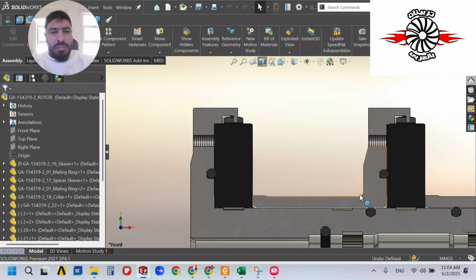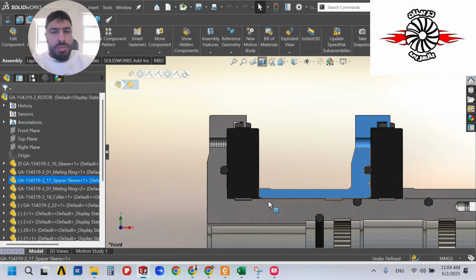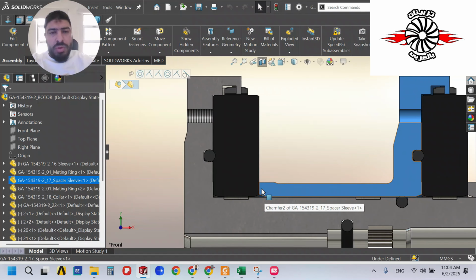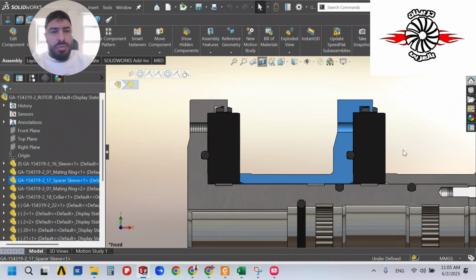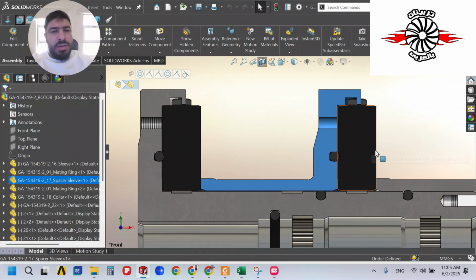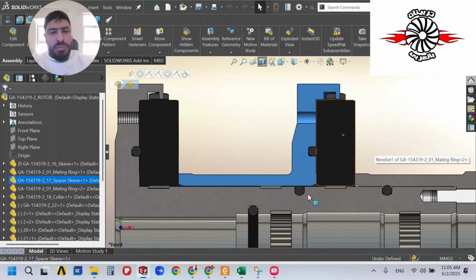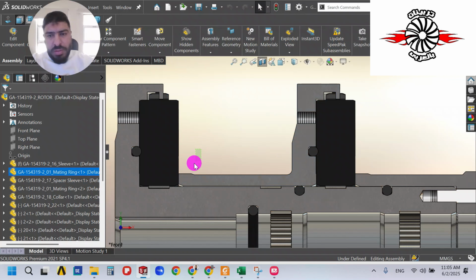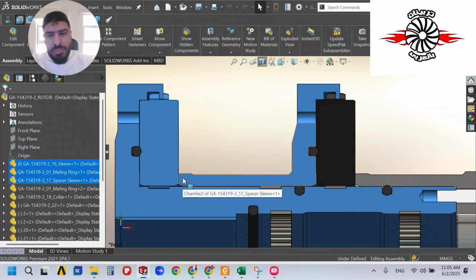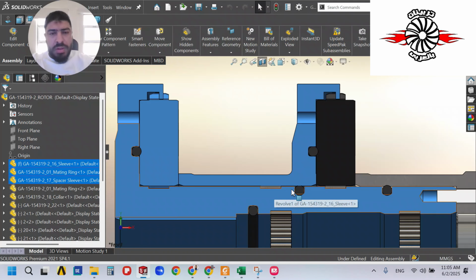Also, you can find here the spacer sleeve, which, as we talked about, localizes the mating ring for the first seal in its location and also maintains the second mating ring in its location. We also have an O-ring here to prevent any leakage between the spacer sleeve and the mating ring, so there is no escape of gas leakage from this side.